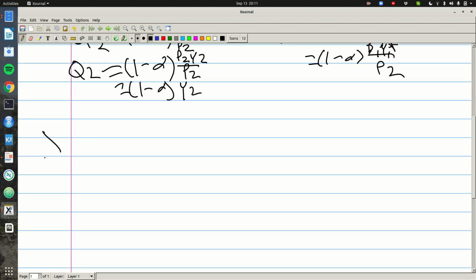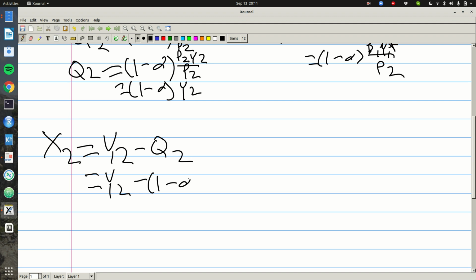What is X2? Well, that's just going to be equal to the amount they produce of good 2 minus Q2. Okay, and so recall that Q2 right up above there is 1 minus alpha times Y2. So I just have that this is Y2 minus 1 minus alpha Y2.